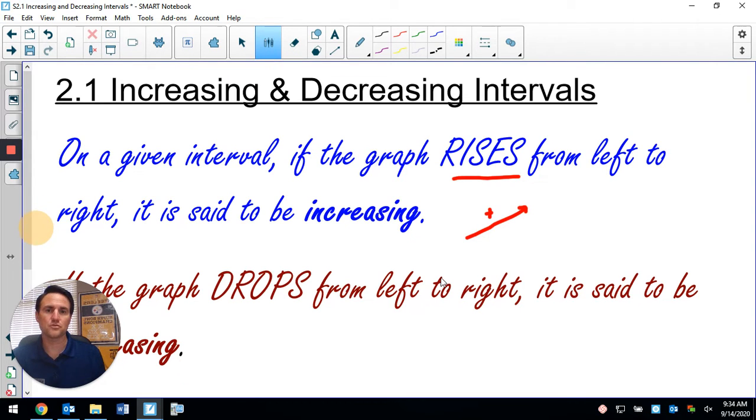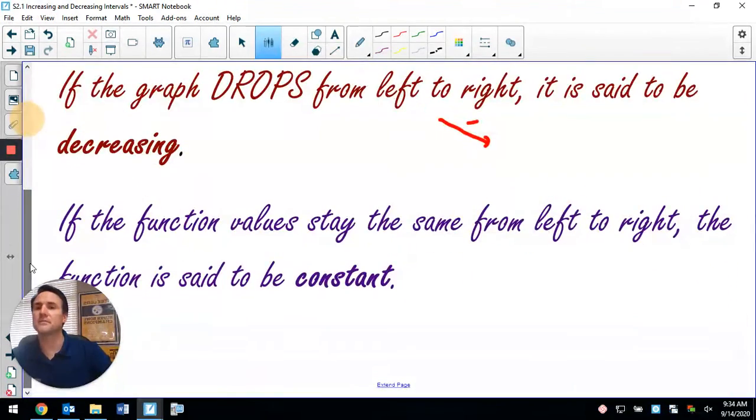So dropping, like a line with a negative slope, would be decreasing. And of course, if it's horizontal, we say that it has a slope of 0, and if it stays the same, then we say it is constant.